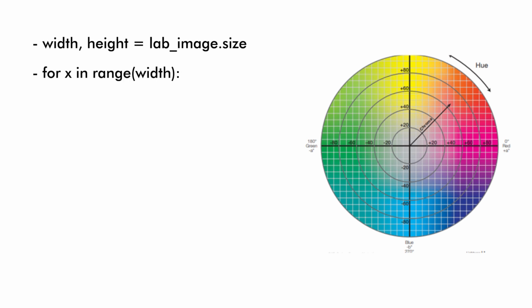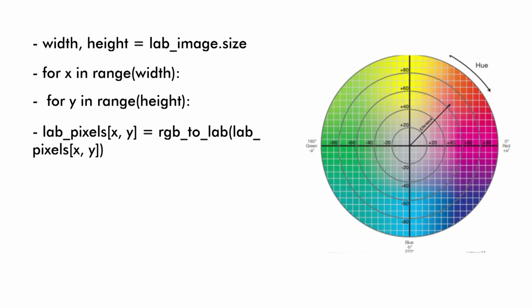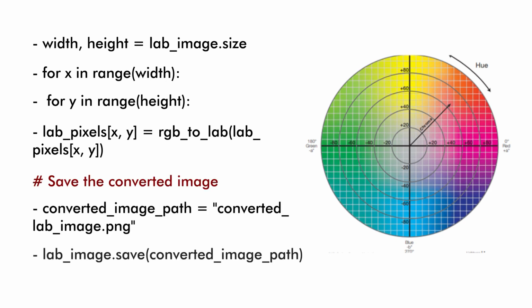We have to decide the pixel value by assigning the variables x and y, and convert from RGB to lab. So, the image is converted. Now we have to save the converted image with the save method, and we can show that image with image show.